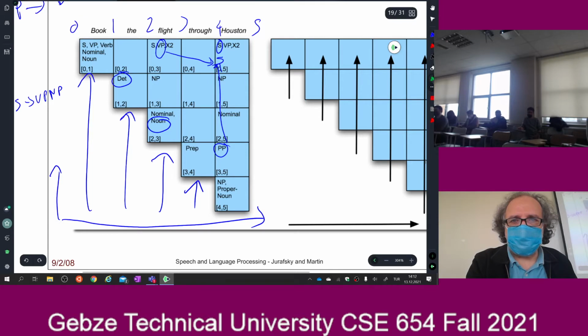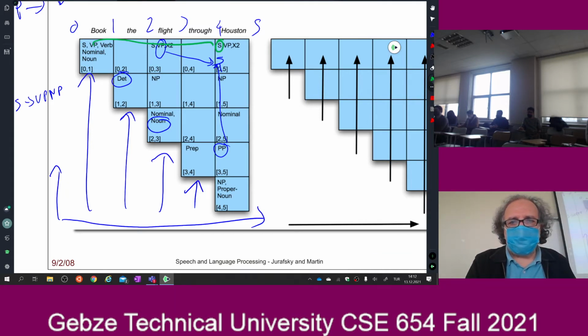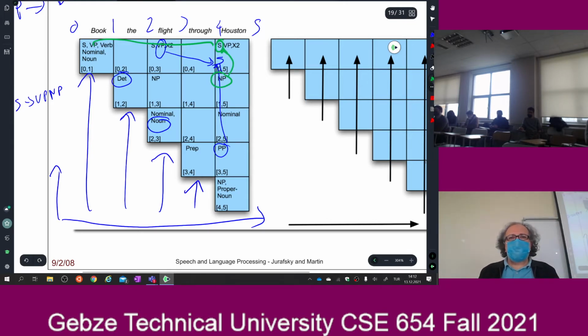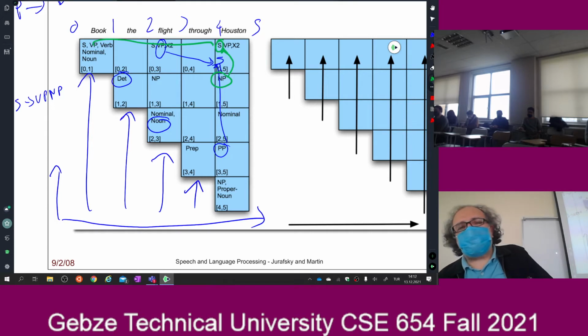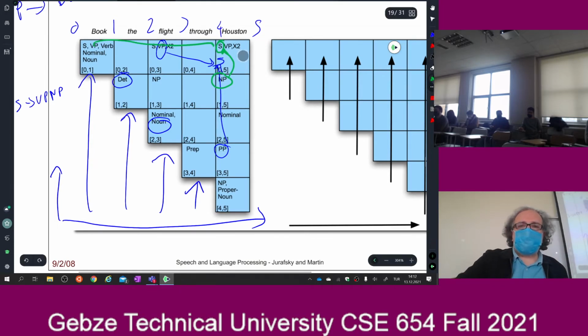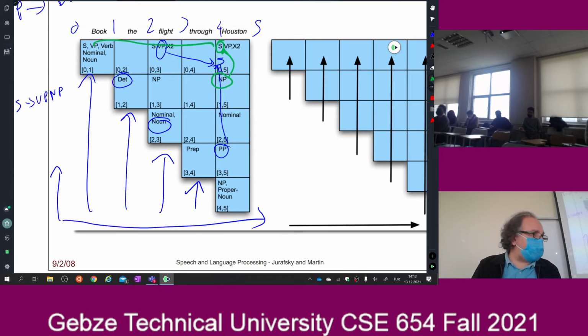Let me mark it with a different color. The other one is because verb phrase 0 to 1 and then 1 to 5 is noun phrase. So I have two S's in this box. That means there is an ambiguity, but I have recovered it.